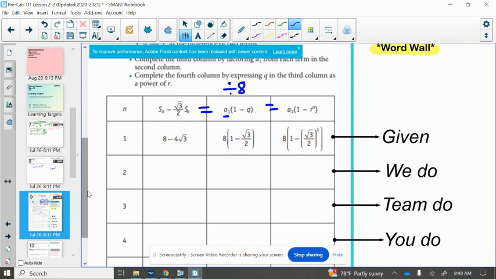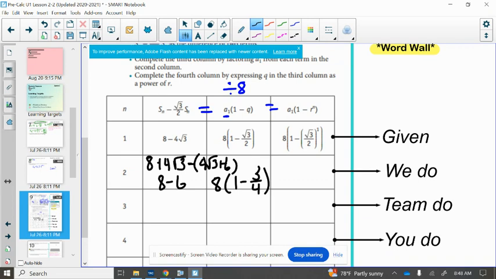If we do that for the second one, we had 8 plus 4 square root 3, minus the 4 square root 3 plus 6, and it turns into 8 minus 6, which is our first term. If we factor that out, 1 minus 3/4. Well, 3/4 is 1 minus square root of 3 over 2 to the second power.